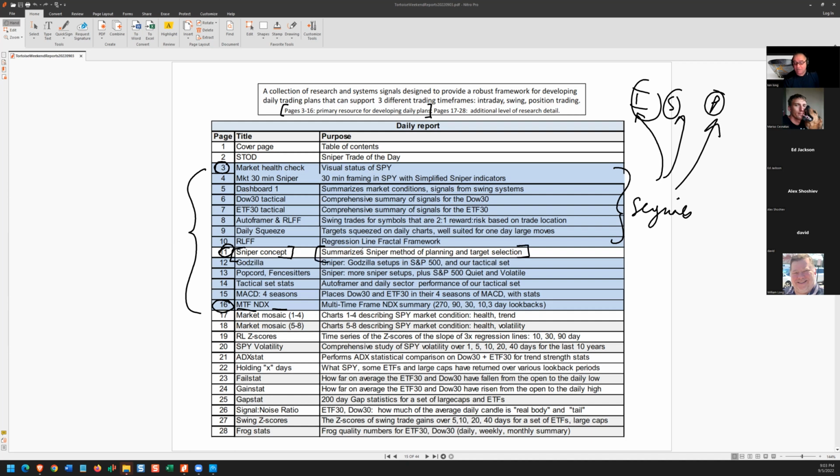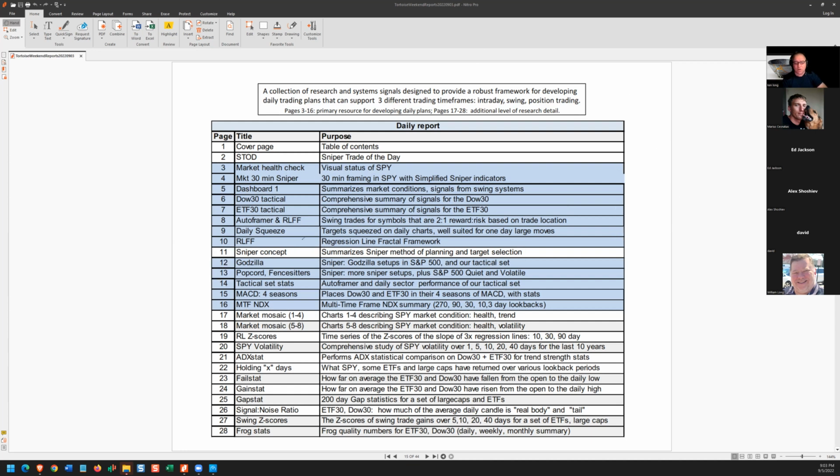And so I wanted to have a summary of the concept to remind people what's going on in there. And so then pages 12, 13, and 14 really are looking at the sniper concept. And then all of these that are in blue really are giving us signals, and that's the primary locations for finding specific targets or trade frames for most of our active traders.